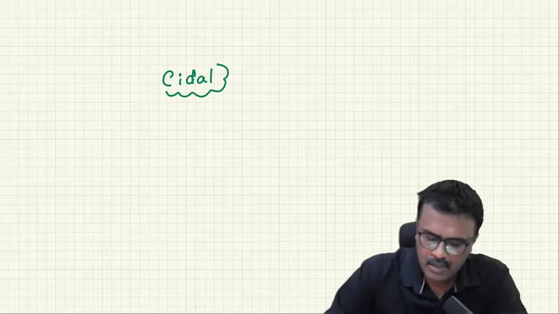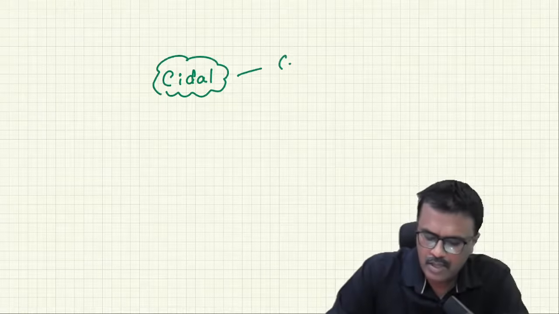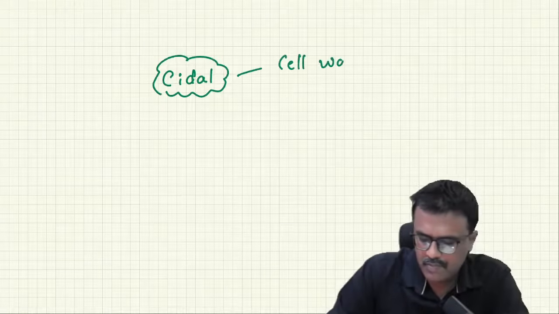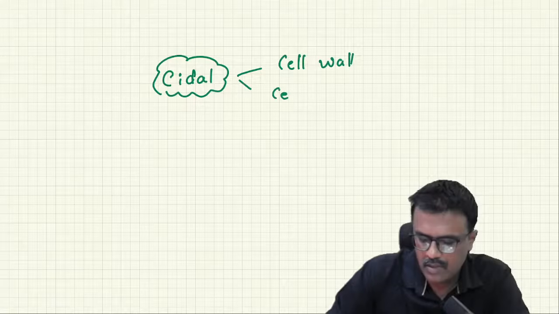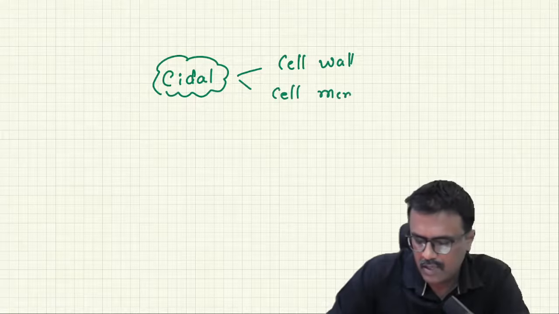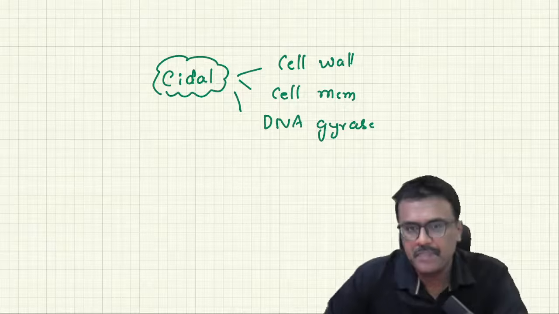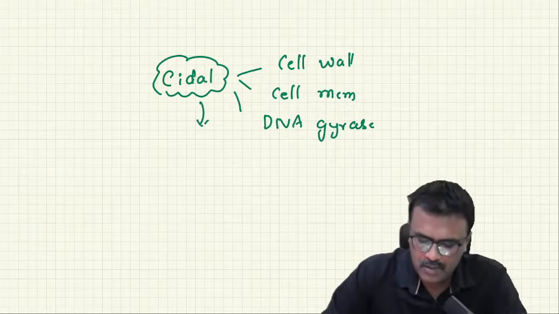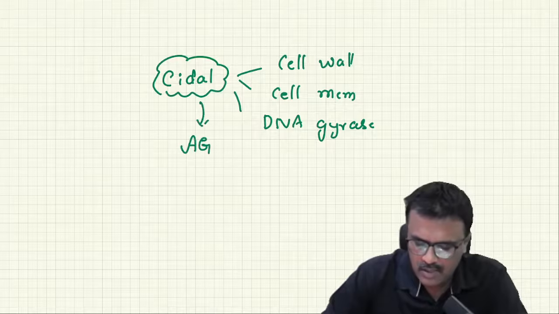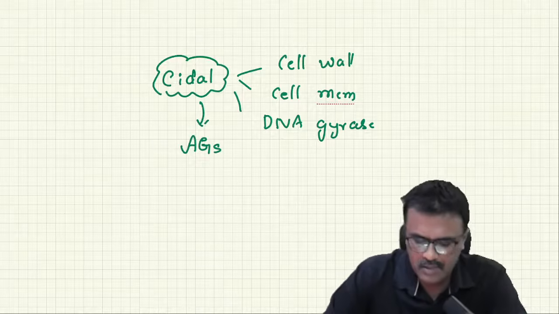So the cidal drugs, remember, mainly the drugs acting on cell wall, the drugs acting on cell membrane, they are all cidal. The drugs acting on DNA gyrase, they are all cidal. But in protein synthesis, we have only one cidal, that is aminoglycoside.